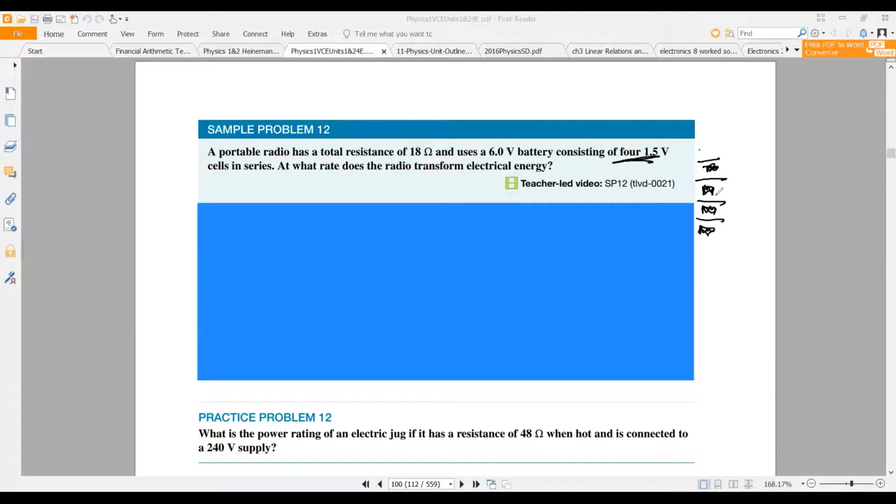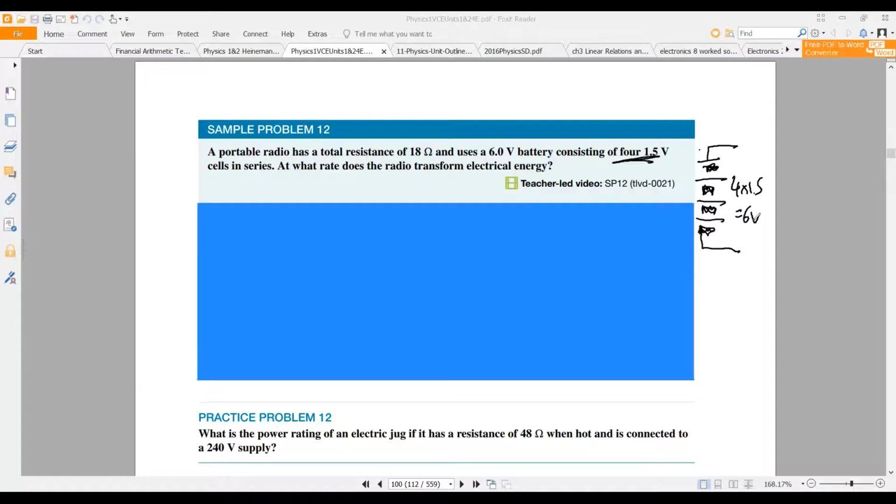When you put 4 of them in series, you end up with a battery. So a battery is actually not just a thing that you call a power supply. A battery is a couple of cells put together. Now, if you go 4 times 1.5, that's going to equal 6 volts. And because they're in series, you can just add them together.